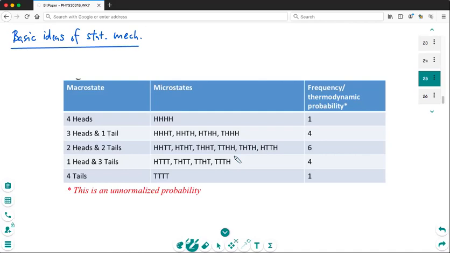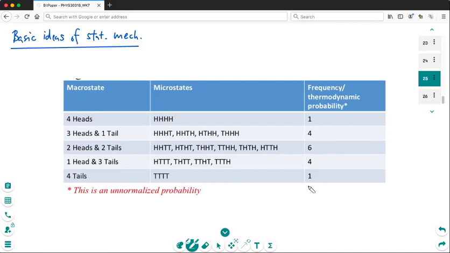The reason you get that is simply because that particular observation, that particular macro state, has a lot of supporting, contributing microstates. So this is the important message I want to deliver.